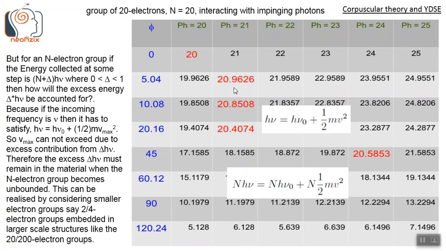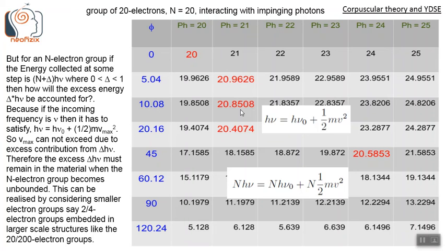But for an n electron group, if the energy collected at some step is n plus del h nu, for example here at phi equals 10.08 degrees, we know after it receives 21 photons, it will be able to collect 20.8508 photons, or energy equivalent to this.